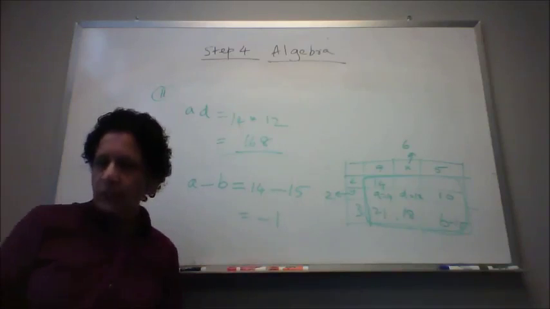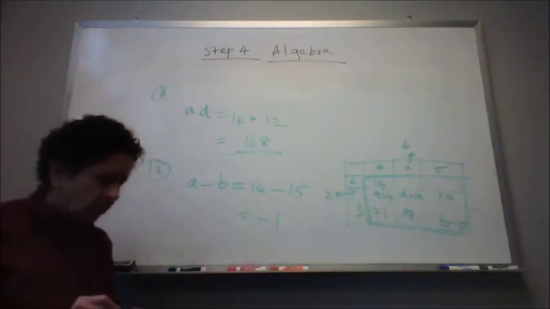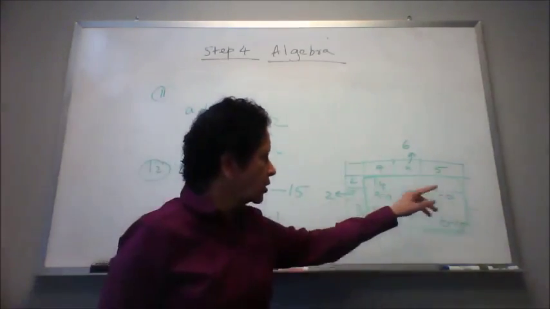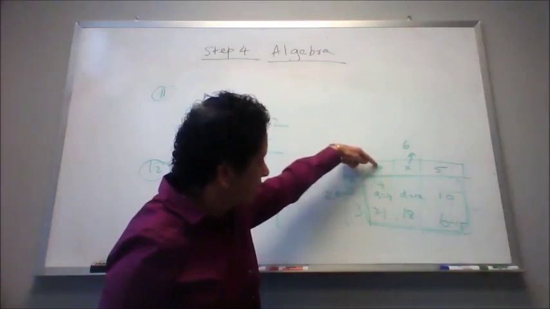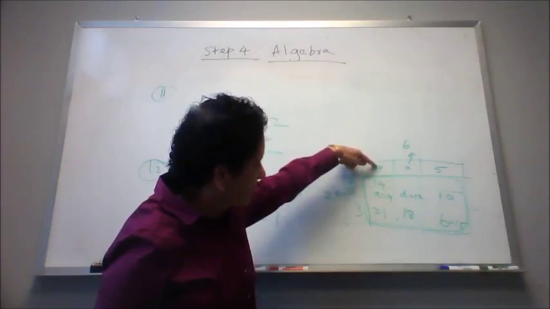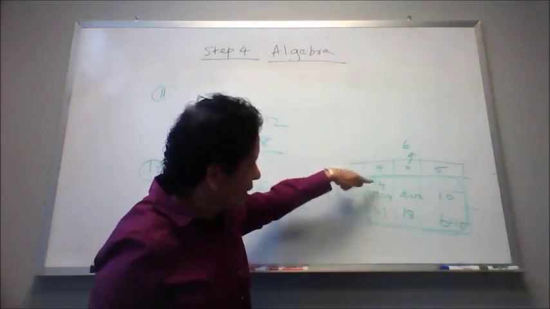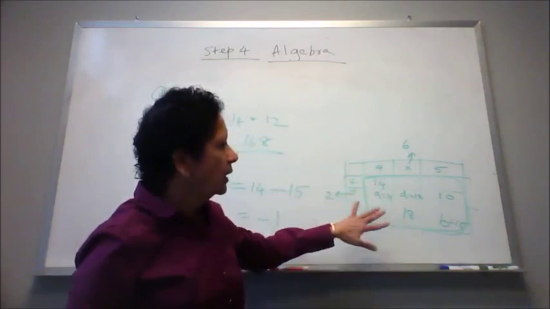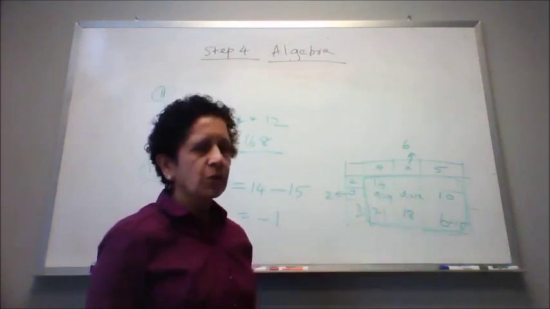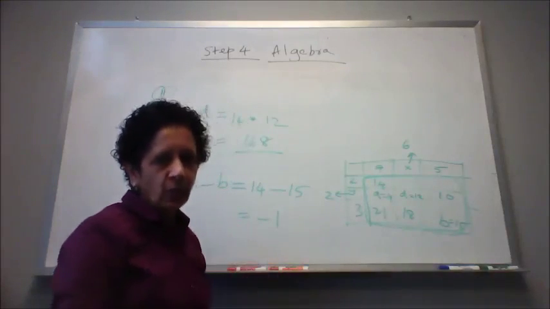For this problem, you need to make sure that you understand it. You just take this times this, 2 times 7 is 14. That's what they mean. Then you fill out the numbers as much as possible, and then you answer the question.